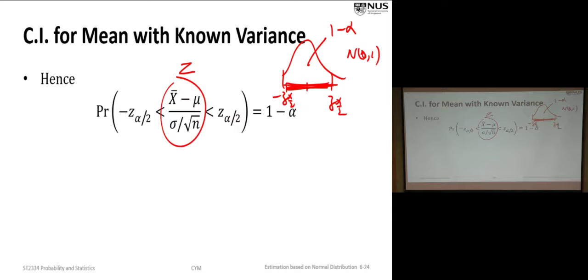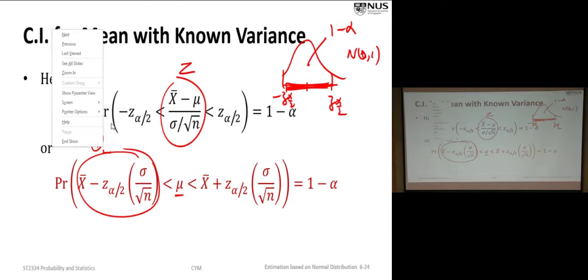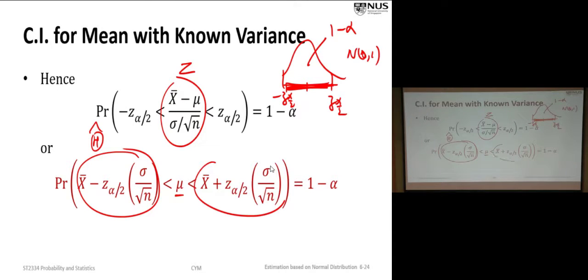So rearrange it so that this parameter mu is here. So this is my theta L, and this is my estimate, the random interval or the upper limit. It's not too difficult to rearrange it.